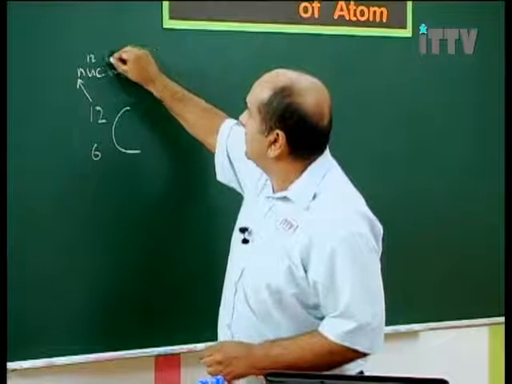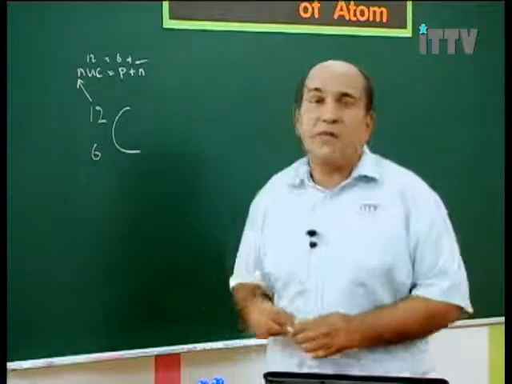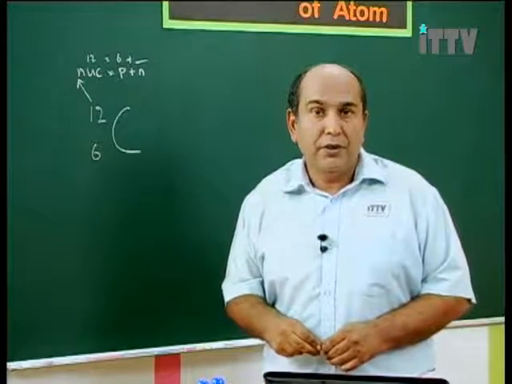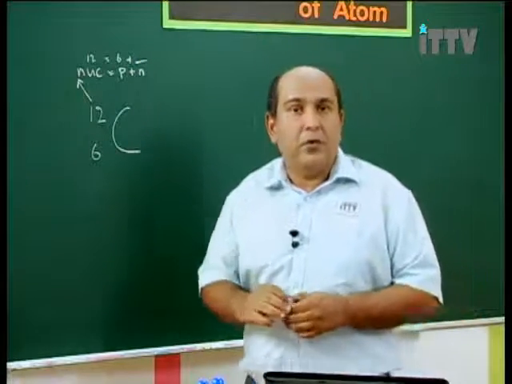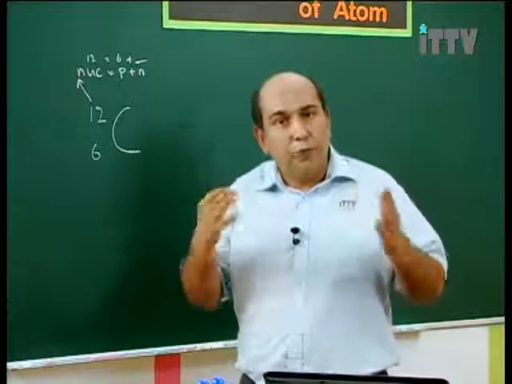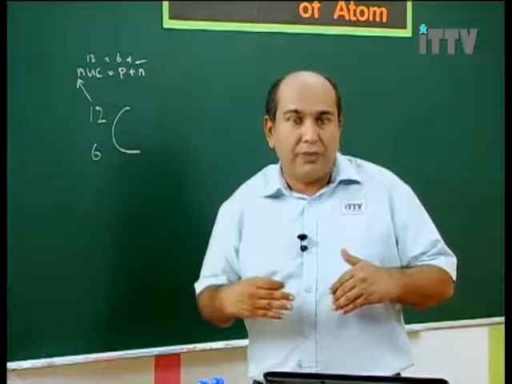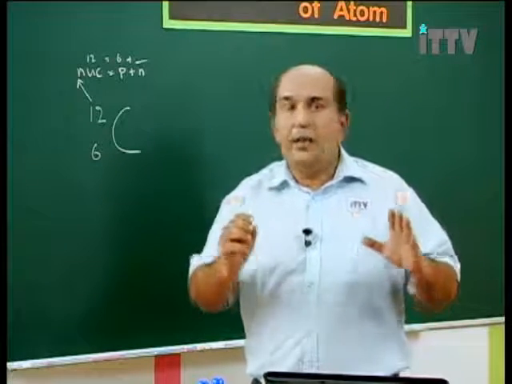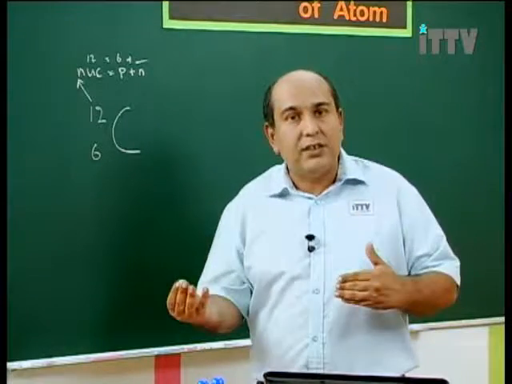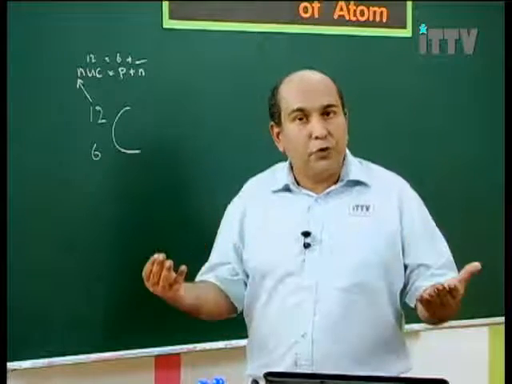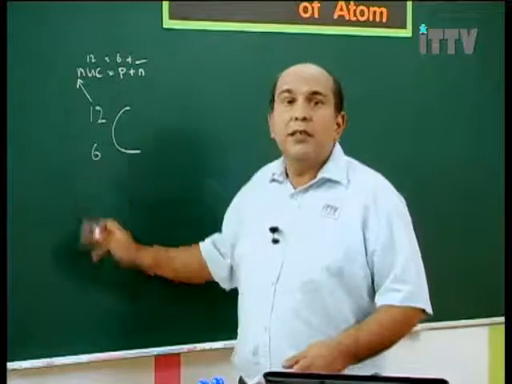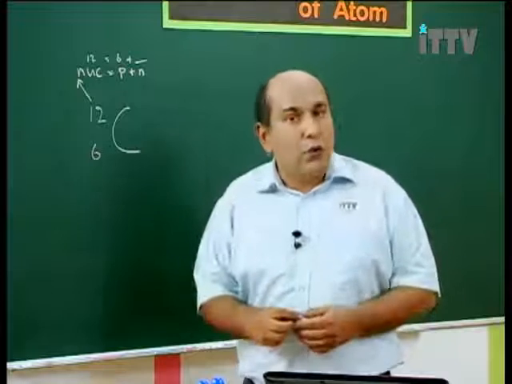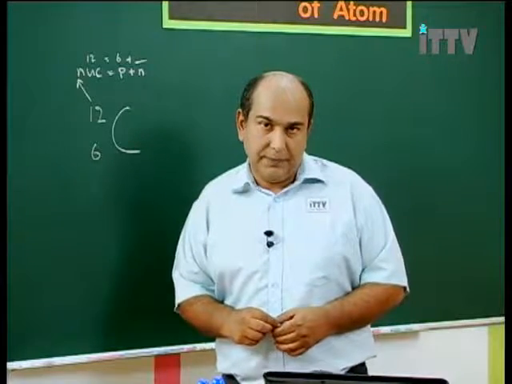You just put the 6 up there and you can find the unknown neutron. So an easy, simple way to always be able to work out proton number, neutron number and the nucleon number. Finally, don't forget proton number equals electron. So if your proton is 6, therefore your electron is also going to be 6.